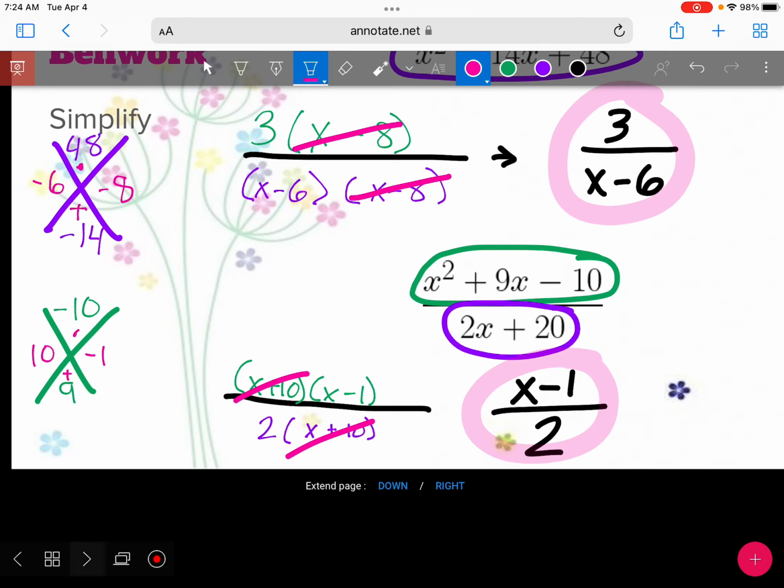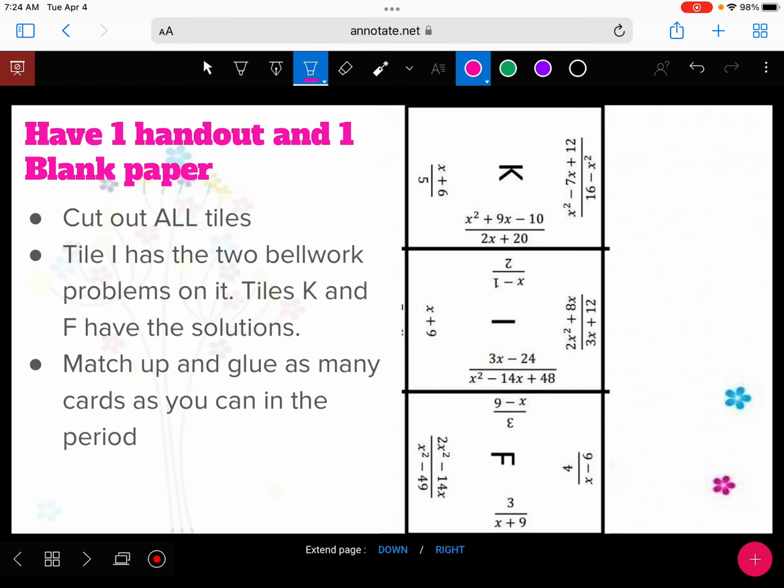If you did not do the puzzle thingy yesterday, you're going to do it today. If you need more time to work on the puzzle, you can finish it. Because what we just did was this problem here and this problem here.